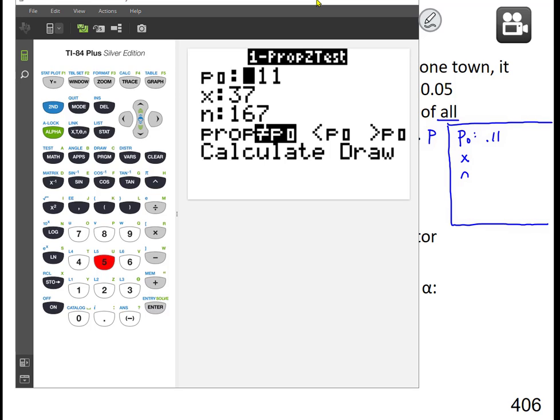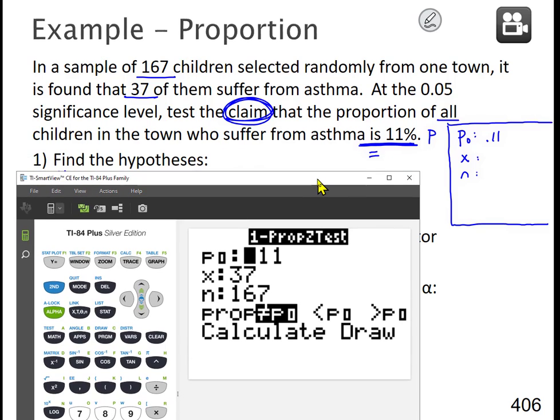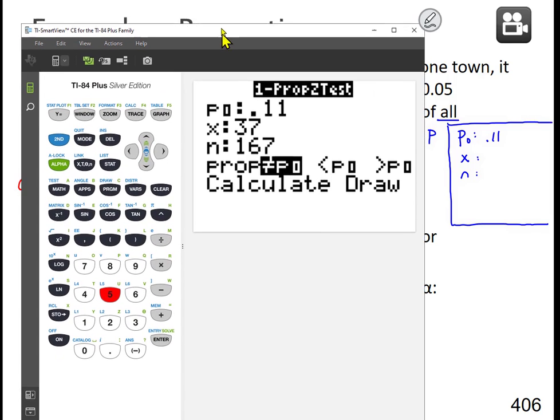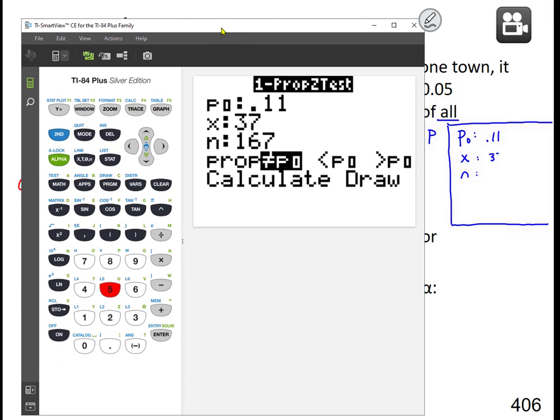We have an X and an N, and those are going to be the numbers from the data. A sample of 167, 37 of them suffer from asthma, and so X is 37, N is 167. N will always be bigger. If you accidentally type them in backwards, you're going to get an error.